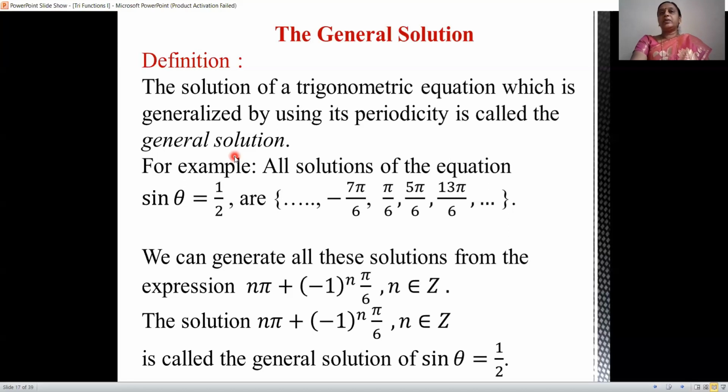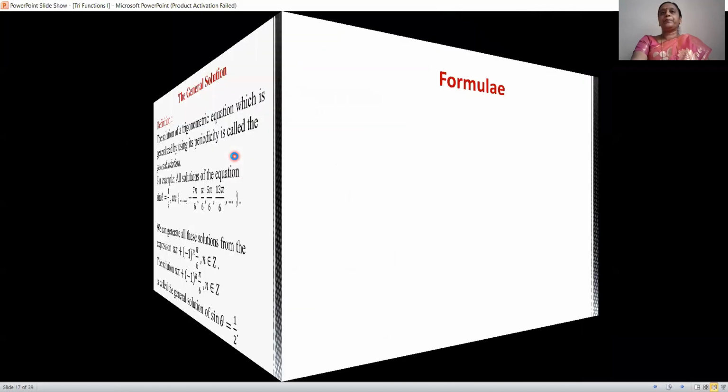Now, it is clear to you what is meant by general solution. Due to periodicity, we get an infinite number of solutions for all the trigonometric functions, and the solutions are collected in one formula, and that solution is called general solution.